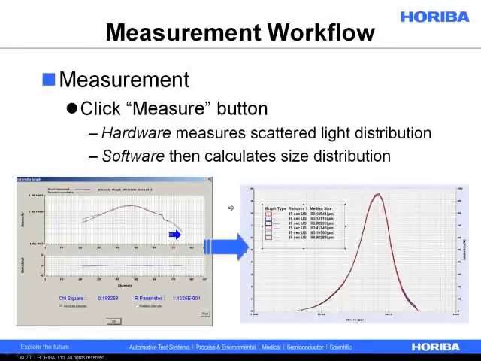Then it's a software algorithm that, if it's a modern analyzer, is based on the Mie scattering theory, something that was developed many, many decades ago. It's not exactly new technology. That old scattering theory is then taking this and turning it into a size distribution. So really, all of the advancements in your laser diffraction analyzer are just about getting better raw data.